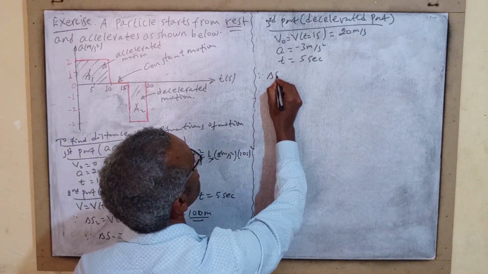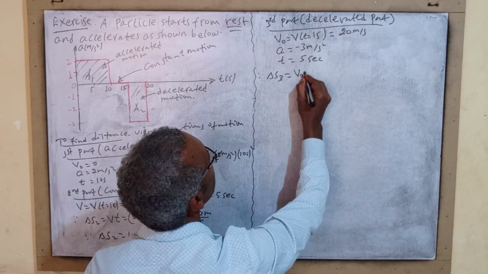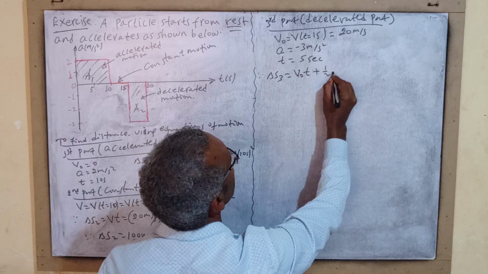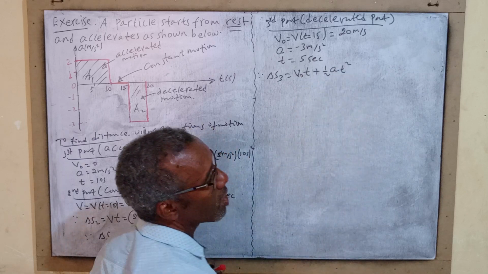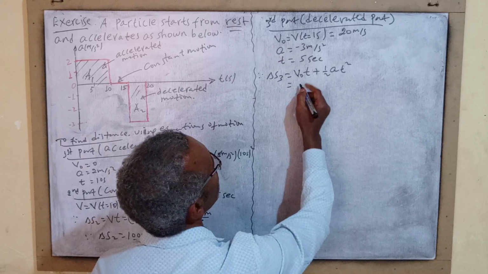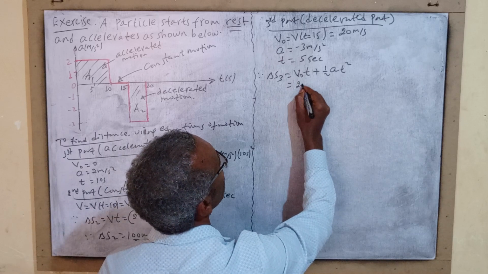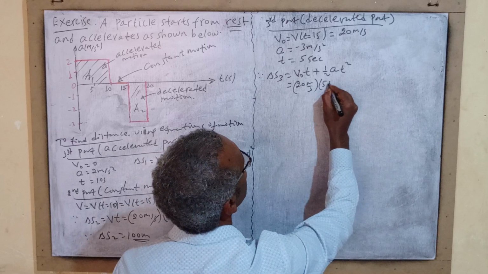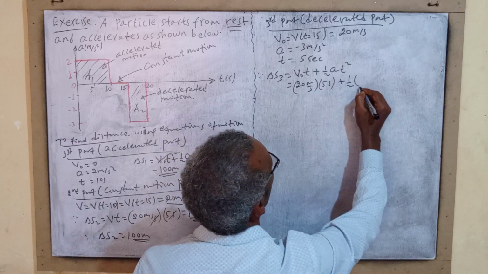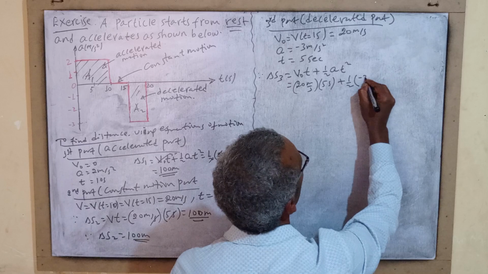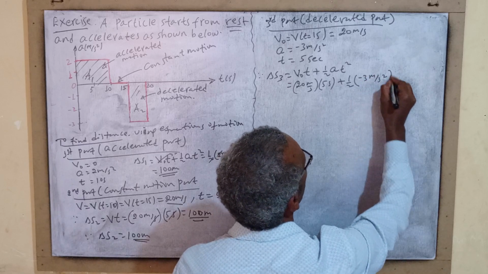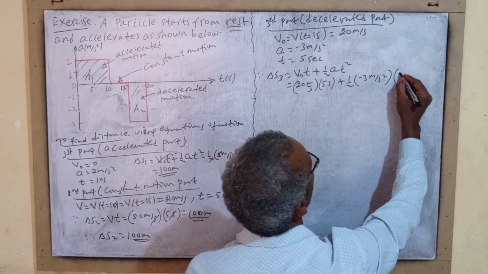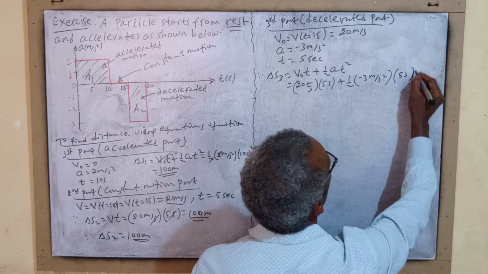Therefore, displacement 3 is equal to v naught times t plus 1 over 2 a t squared from equations of motion.